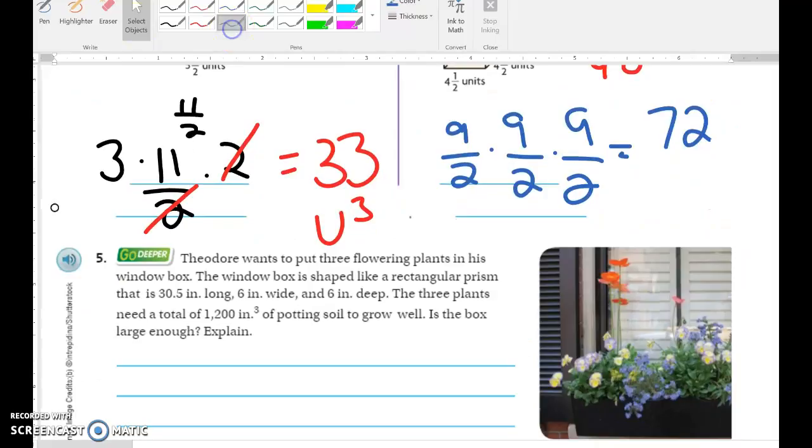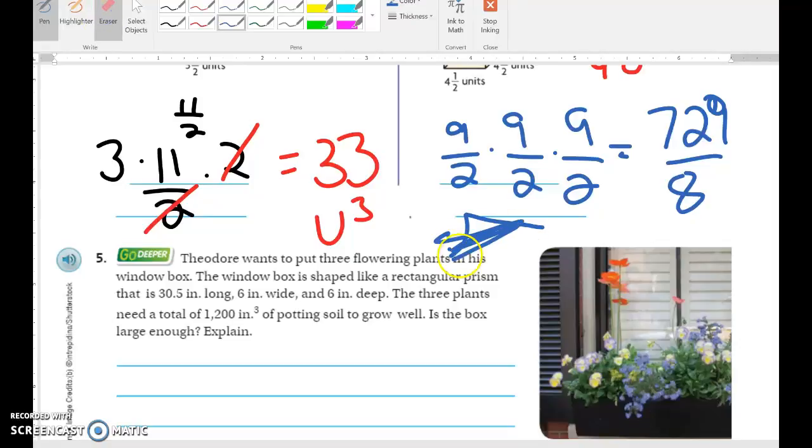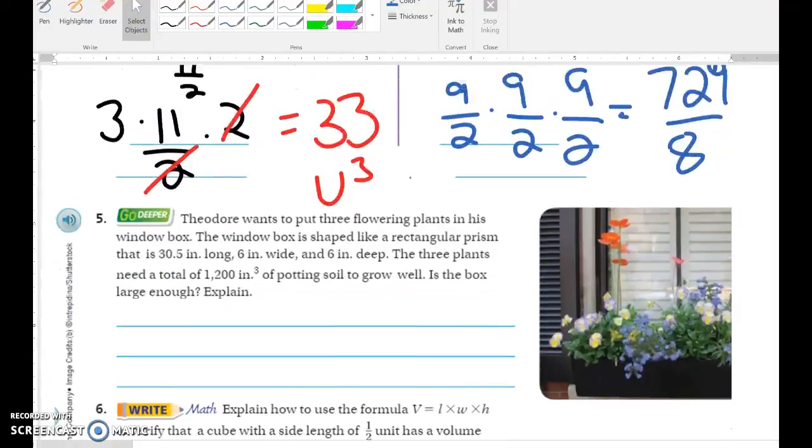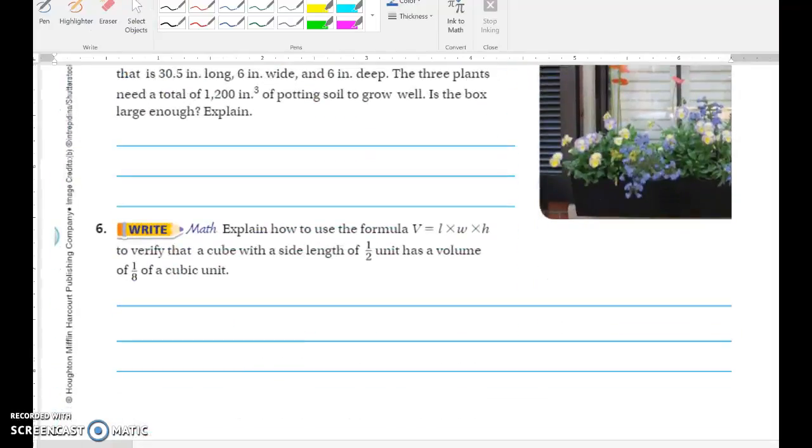729 over 8. And I'm actually going to want to turn that into a real number. Anytime we have geometry, we're going to turn it into a real number. Okay?